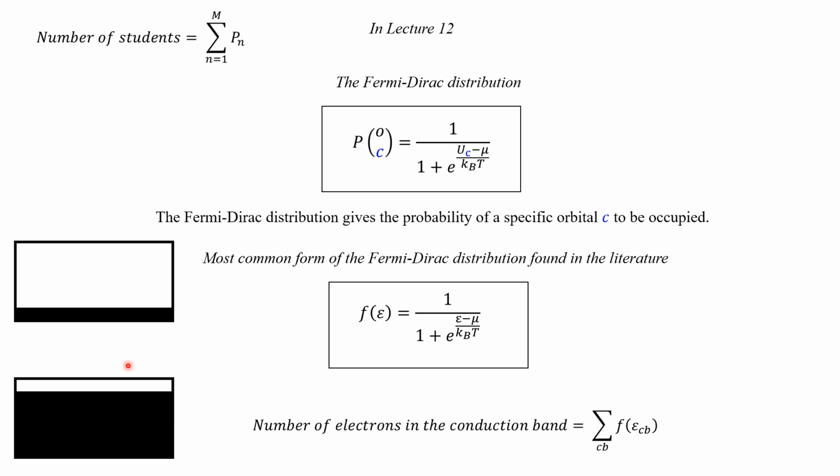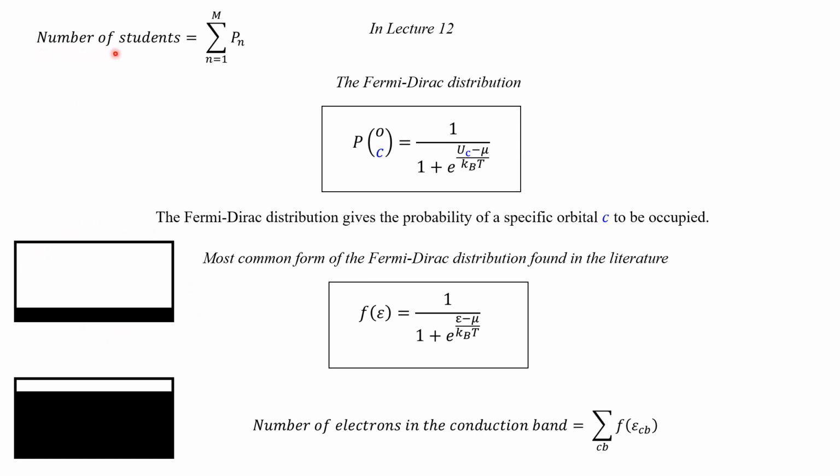So to find the number of electrons in the conduction band, we can sum the probability of occupation of each orbital, and since this number of orbitals is macroscopic, we're going to find that the result is virtually exact. So we're applying the same logic that we applied for the number of students in the chairs now to the orbitals in the conduction band.